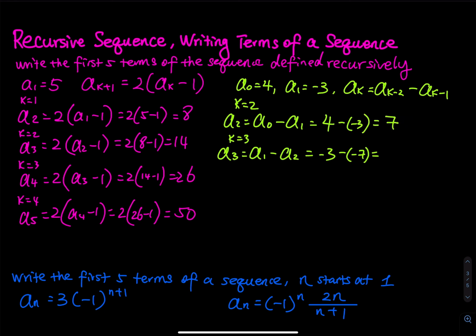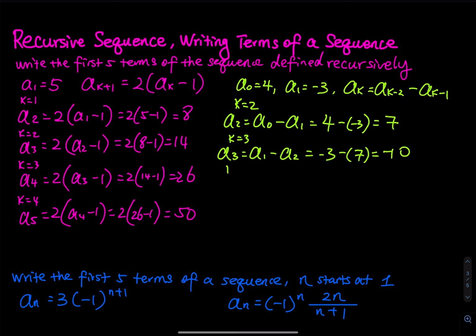That affects the next one. The next one, a1 is negative 3. That is right. But a2 is 7. So this is supposed to be subtracting a 7. So negative 3 minus 7, which is equal to negative 10.